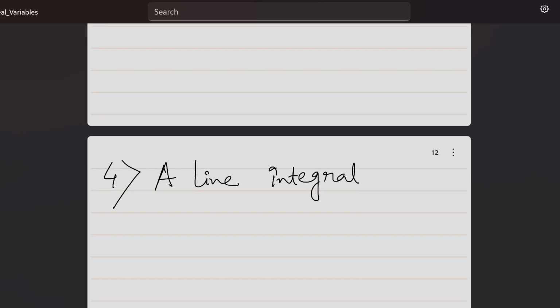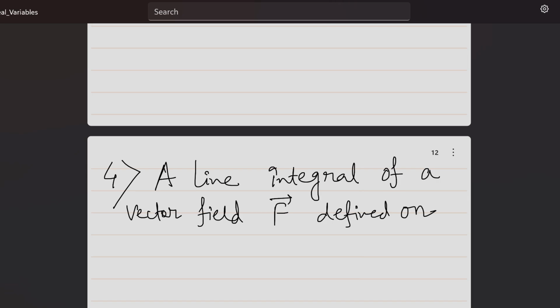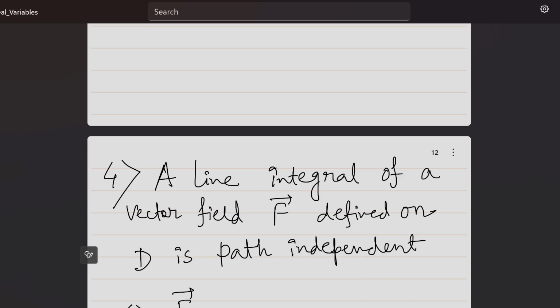The gradient field? No, what is the name of this vector field? Okay, anyone? It is called conservative vector field.